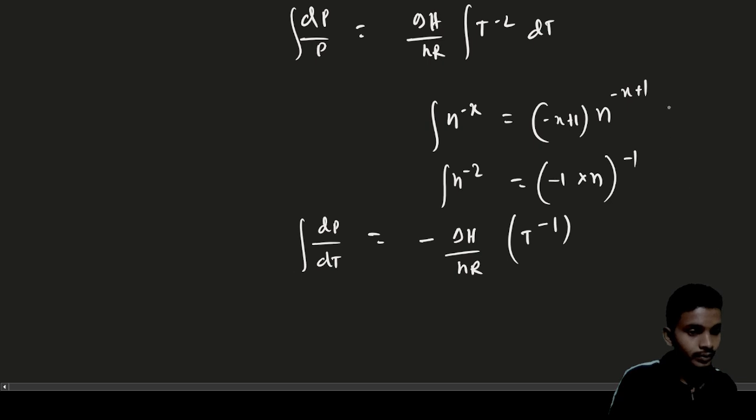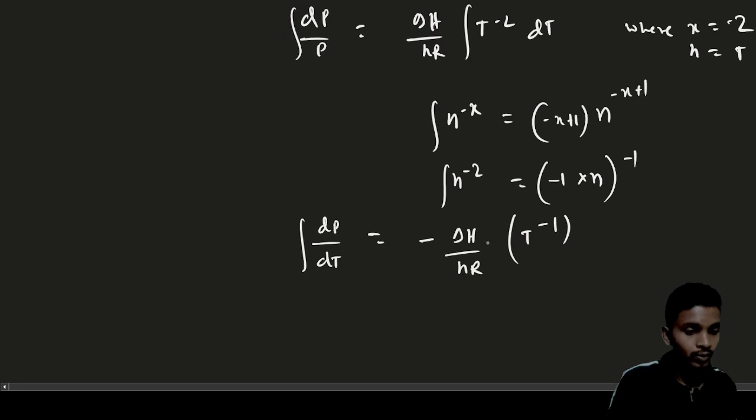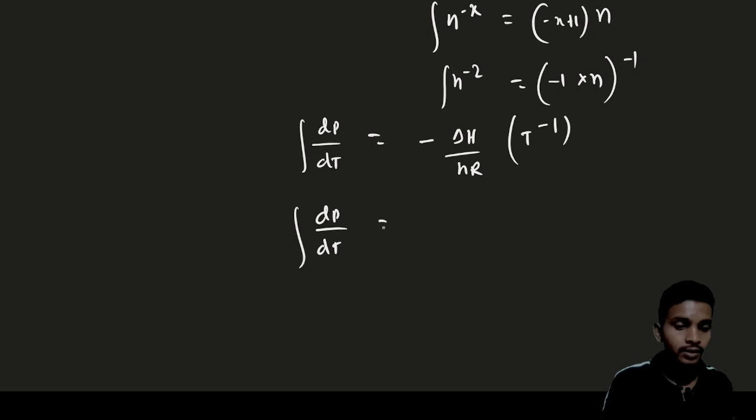Okay, so where n equal to minus 2 and x equal to T. So if you do that, then you will get this: dP/dT is equal to minus ΔH/nR times 1/T.